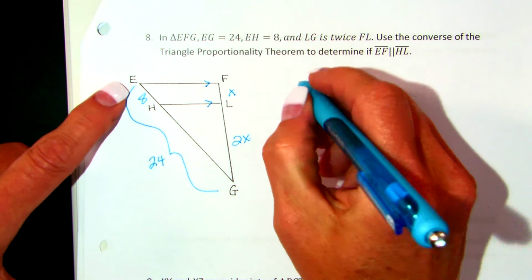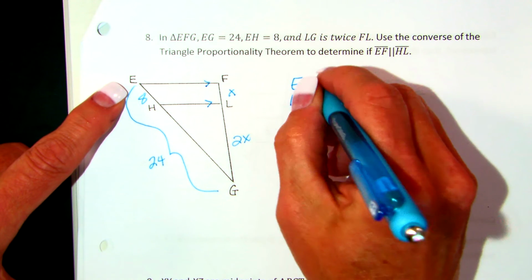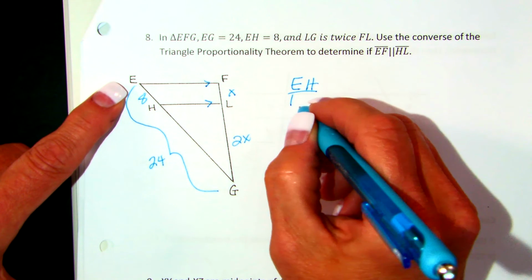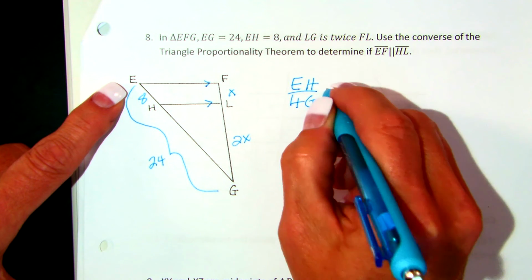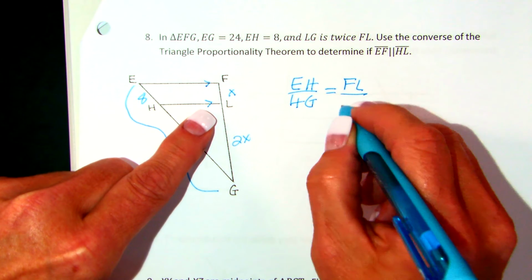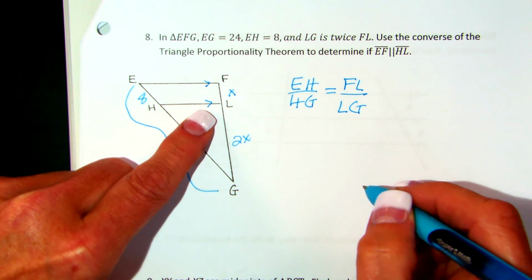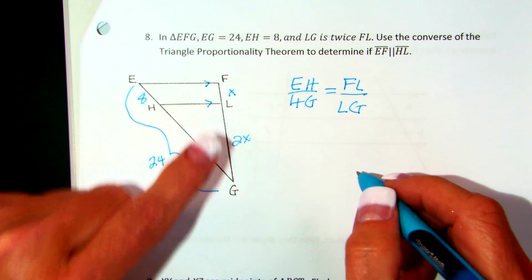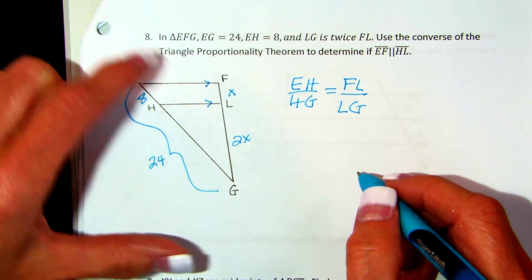So if we said EH is to HG as FL is to LG, could we show that those are equal, thus saying the sides are proportional, being able to say that they're parallel?